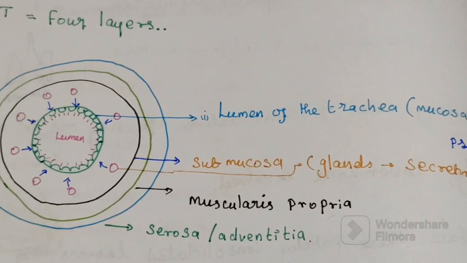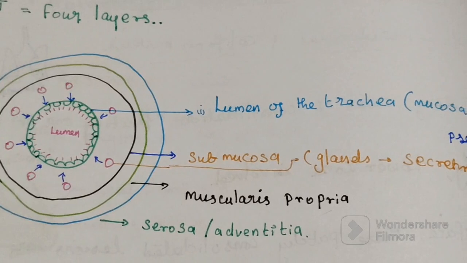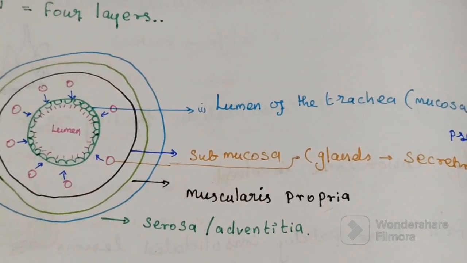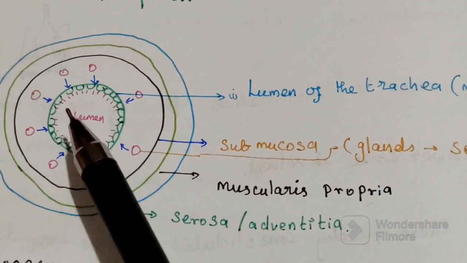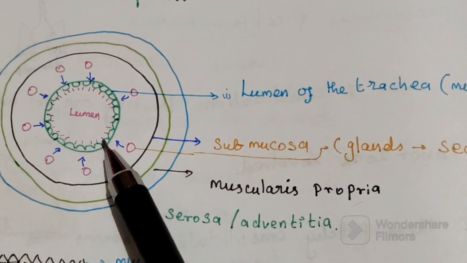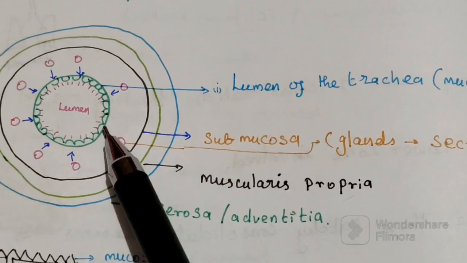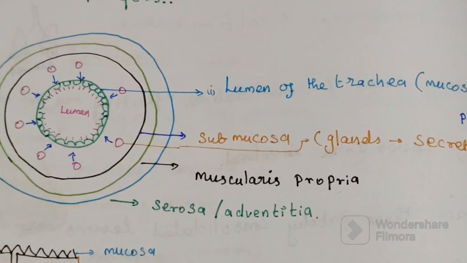This mucosal lining is pseudostratified ciliated columnar epithelium.